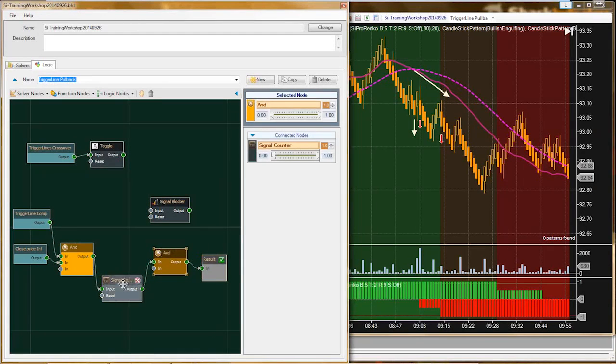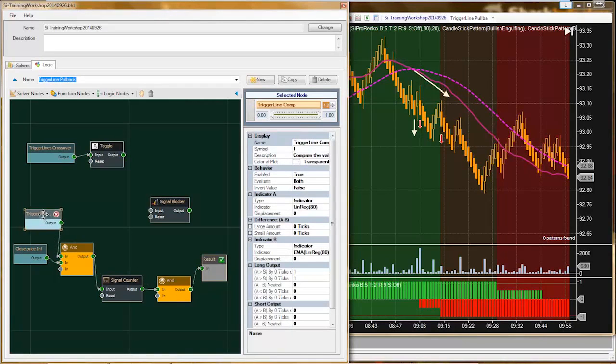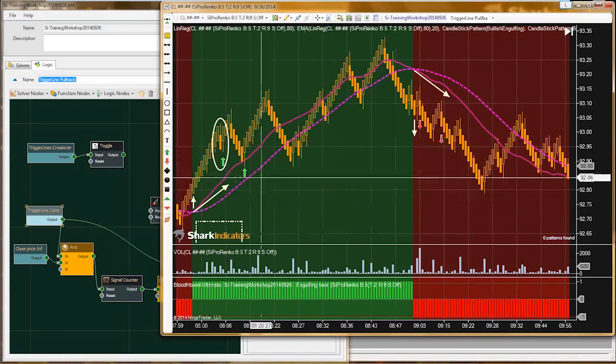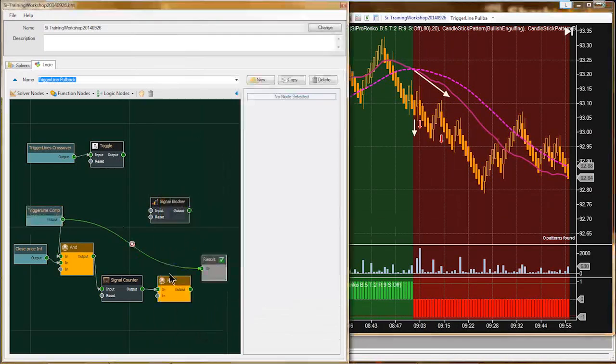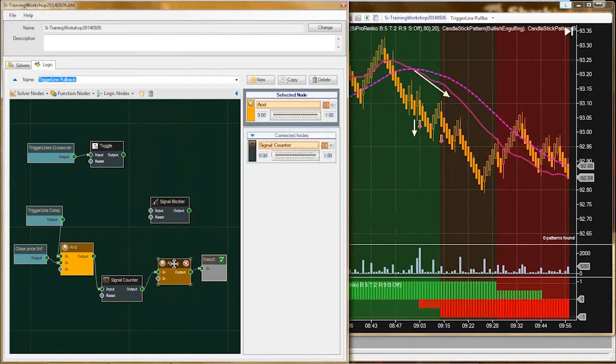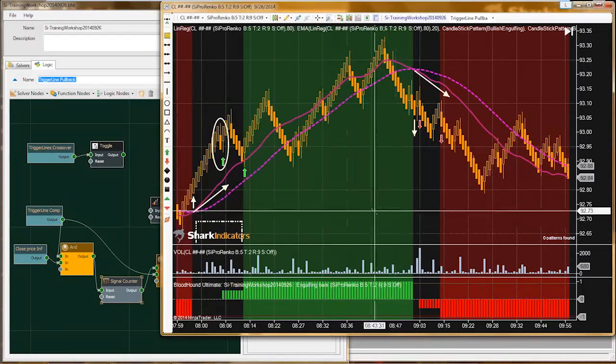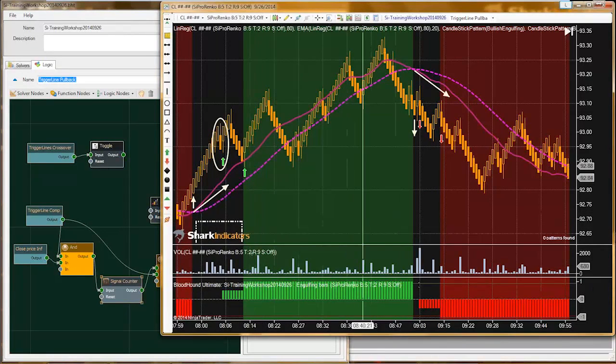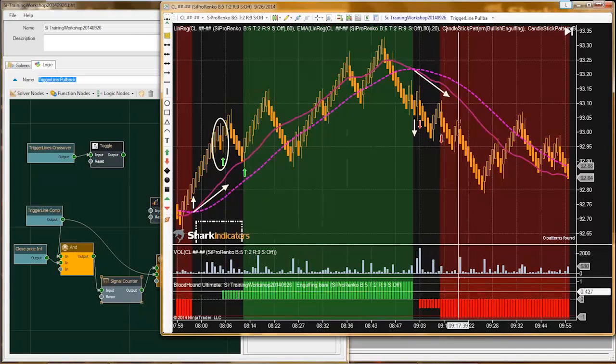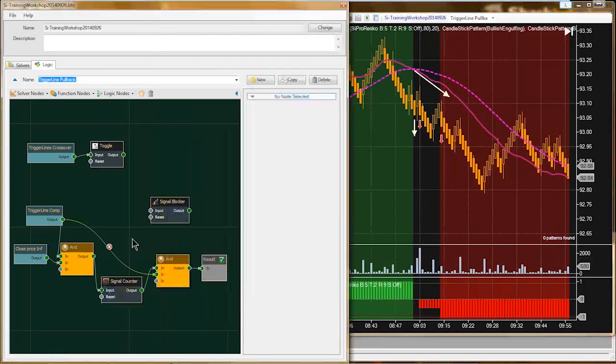Essentially, coming out of this AND node, we're looking at the signal counter. Remember, we have this comparison solver here that's telling us whether we're in a long state or a short state. If I connect this into the AND node, like so, see, that cleaned up what's coming out of the signal counter. It cleaned up getting a long and a short state at the same time.